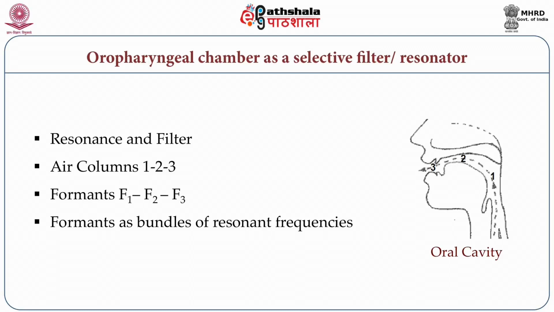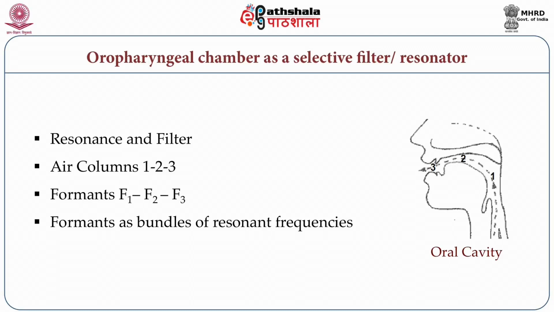And that is where we have written 1 and 2. The first air column is a large air column, the pharyngeal air column. That's a large air column. This will lead to a small frequency as its natural frequency. So the resonance will be much smaller here. The second air column is smaller than 1, therefore the natural frequency will be higher.